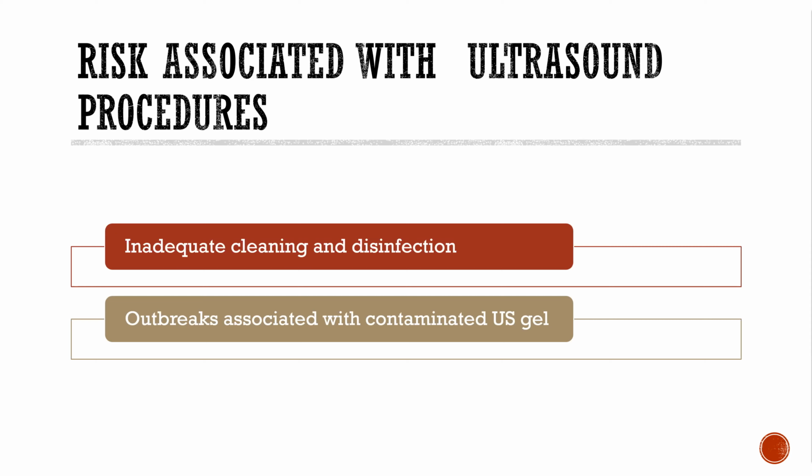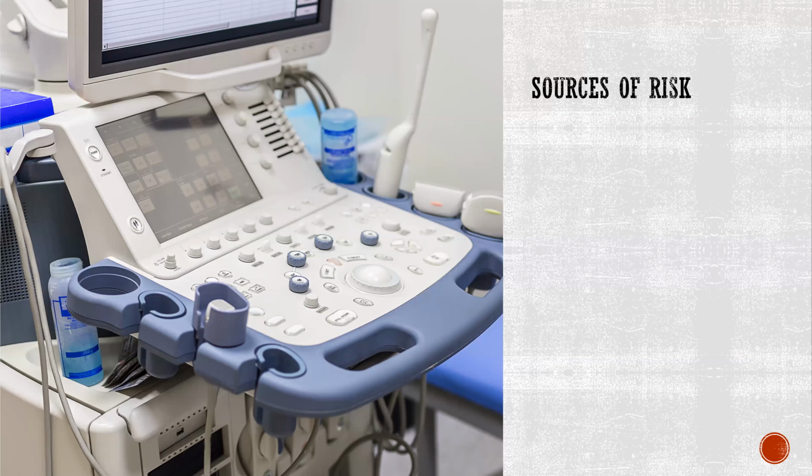So we're just going to take a look at some of the sources of risk. I want to take a couple of minutes to look at this particular slide, and feel free to put into the chat any risk factors that you think might be occurring in this particular image.